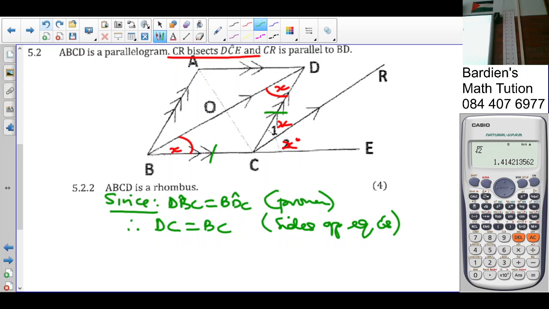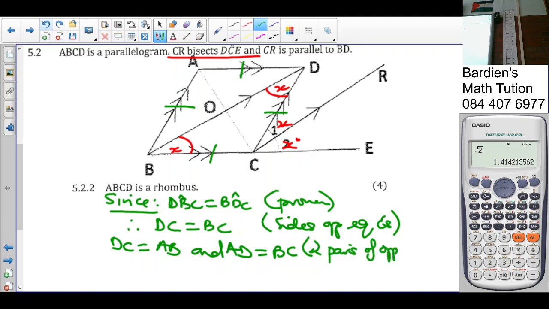But we know that DC is equal to AB. And we know on the same account that AD is equal to BC. Why? Because two pairs of opposite sides are equal in a parallelogram.